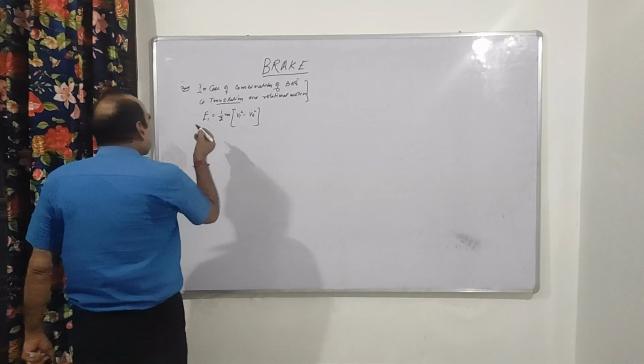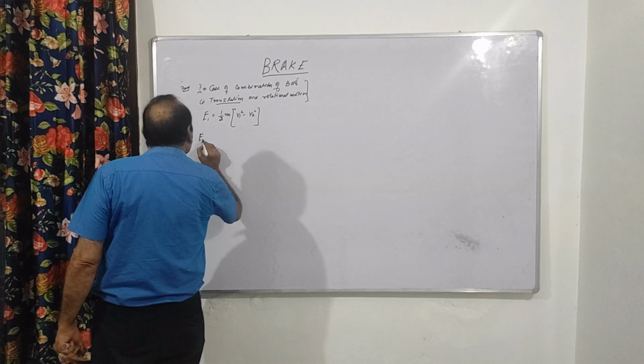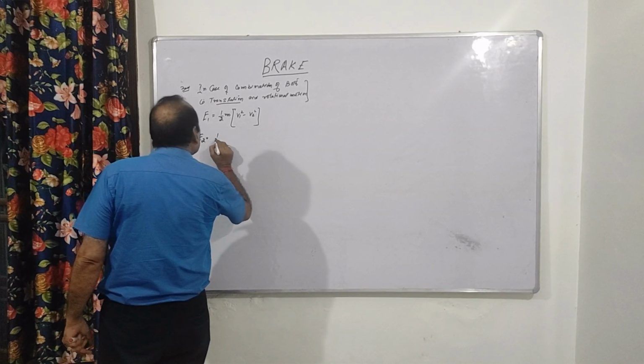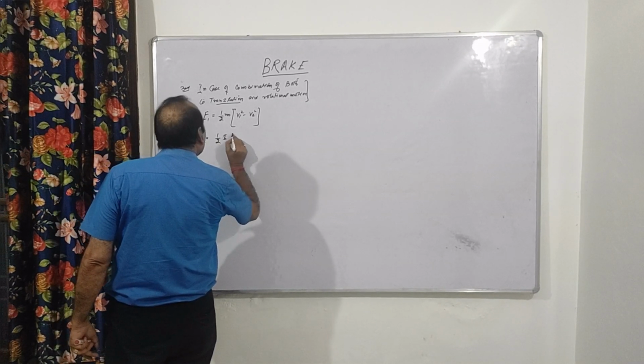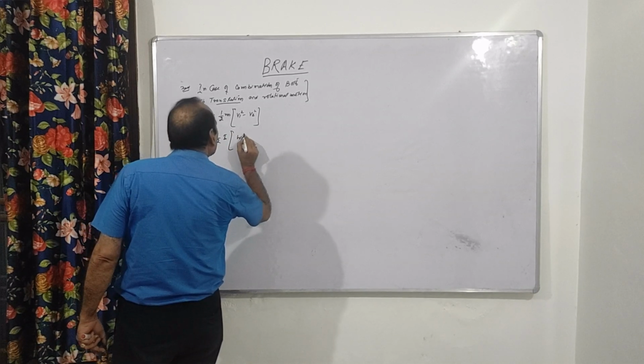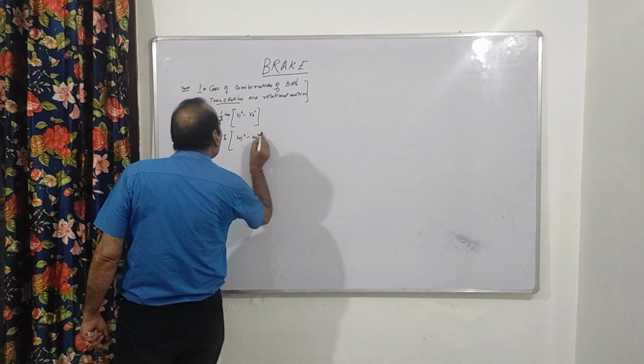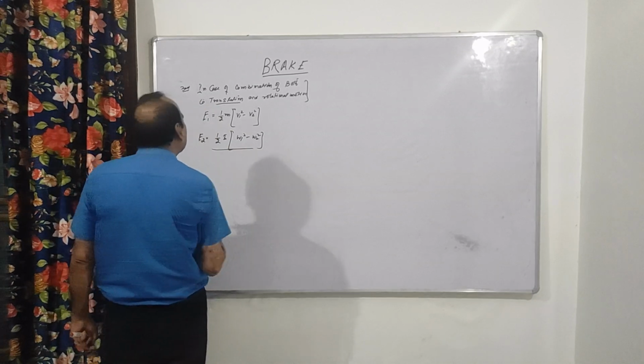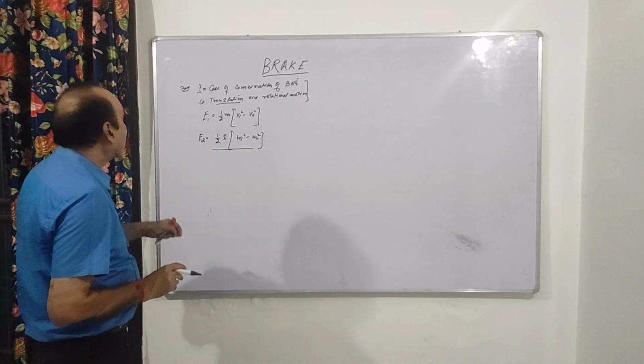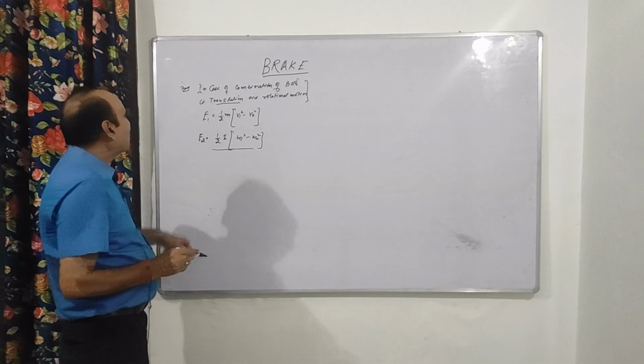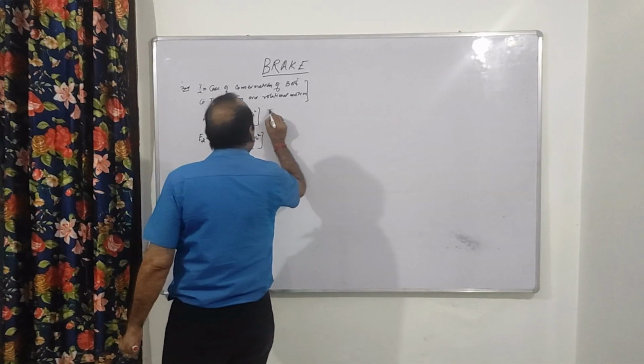And when the body is in circular motion, this is E2, equal to 1 by 2 I (omega 1 square minus omega 2 square). So this is the change in kinetic energy in case of rotational motion.